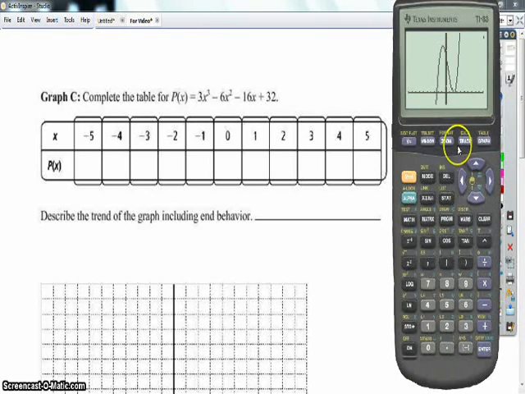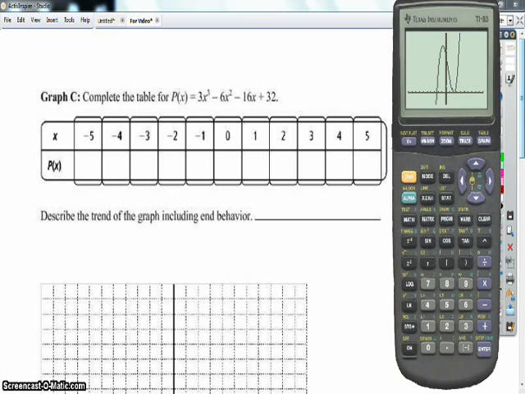If zoom 6 doesn't work, see on this problem, zoom 6 really wasn't that helpful. You're going to have to go to window, change your Y maximum to a higher value, hit graph, and then you can see how much better it's going to look for you.